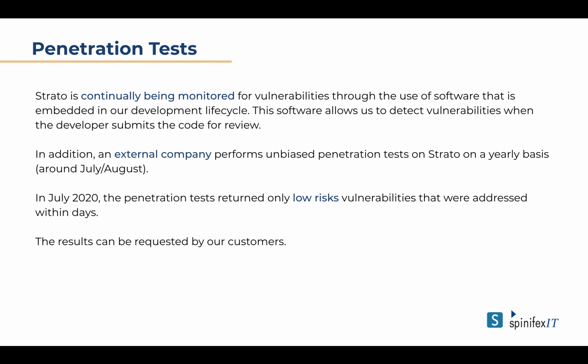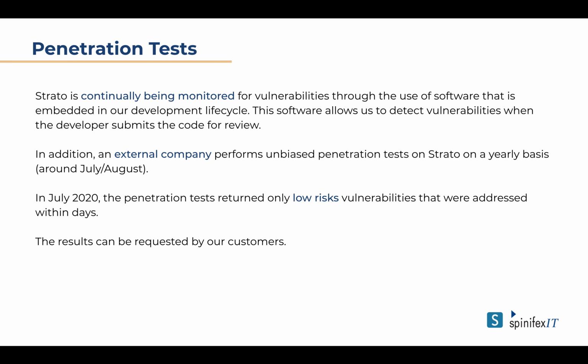However, what we do also, on a yearly basis, is get an external and independent company to perform an unbiased penetration test. We usually do that around July and August. And just for your information, in July 2020, the penetration test returned only low risk vulnerabilities.